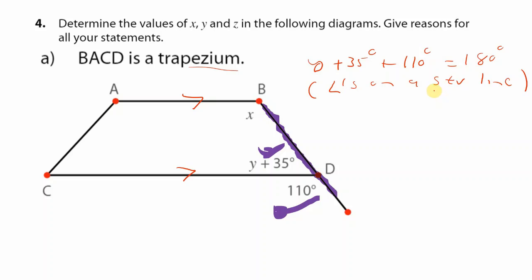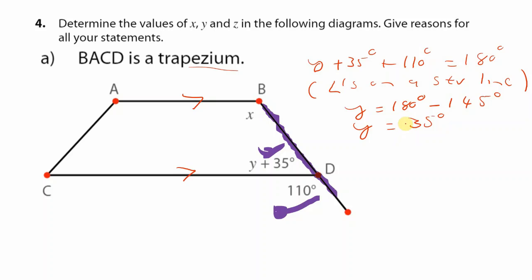So now we can solve y. We have 35 plus 110, which is 145, which we can swim across. So y equals the 180 degrees minus 145 degrees. So therefore y equals 35 degrees.